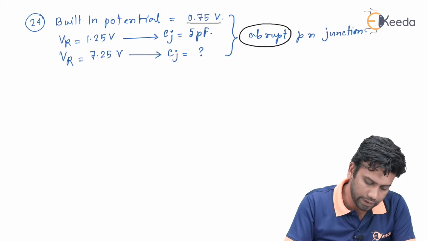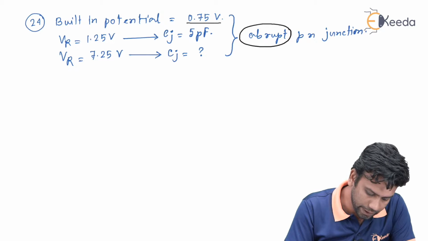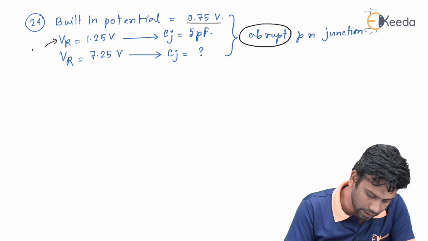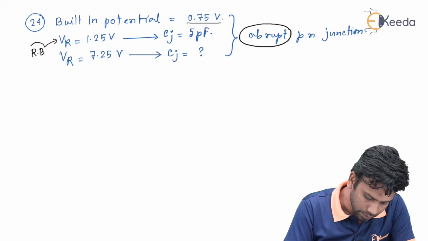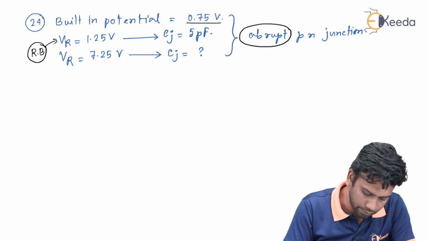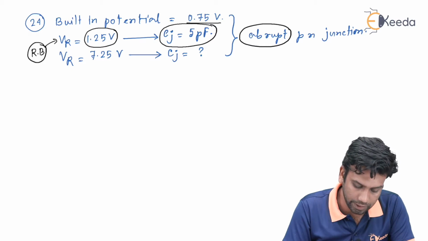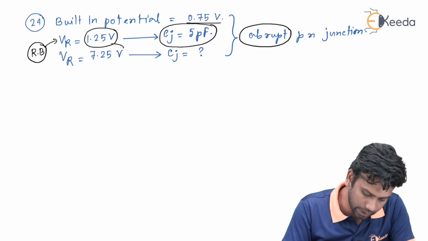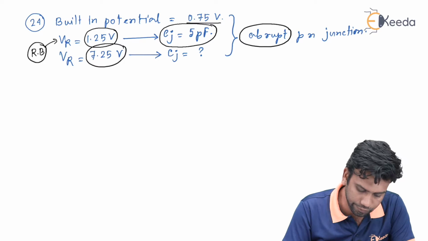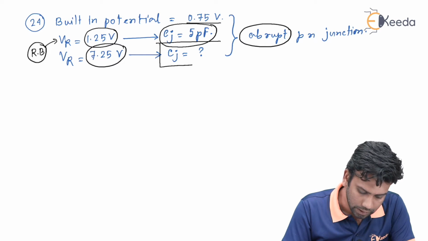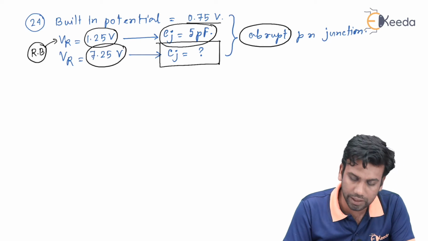It is also given that when the reverse bias potential is 1.25 volt, the capacitance is 5 picofarad, and when the reverse bias is 7.25 volt, we have to find the value of the junction capacitance Cj.